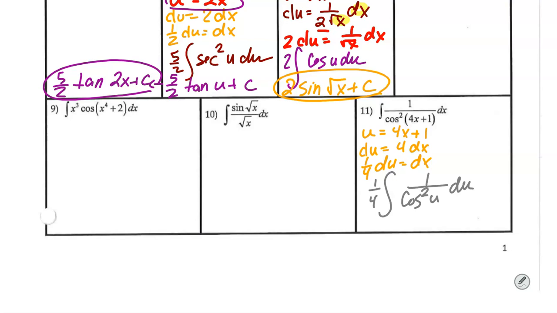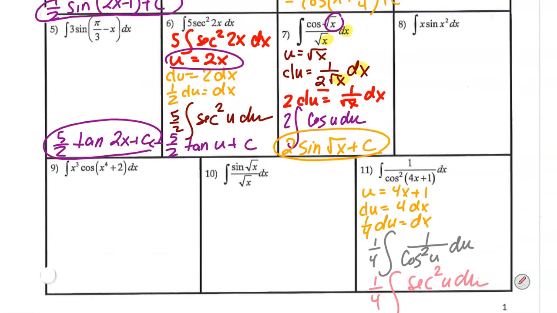We don't know how to integrate 1 over cosine squared. But you learned back in pre-calculus, what is 1 over cosine equal to? Secant. So we're going to rewrite this as secant squared.